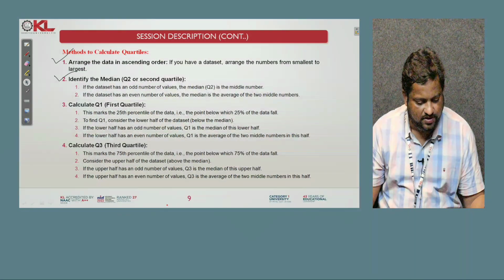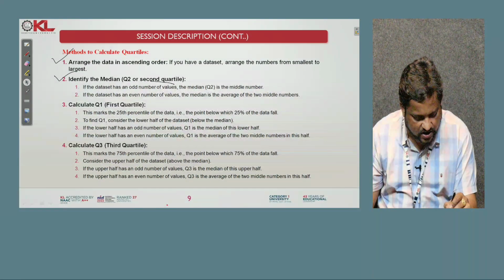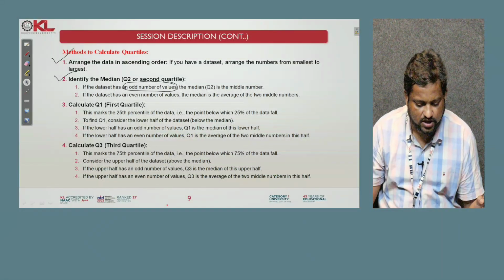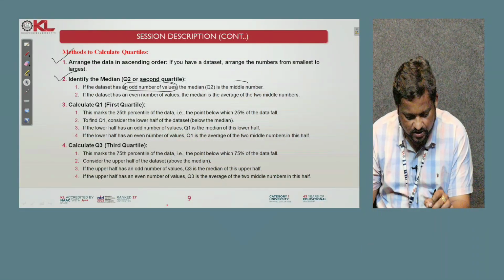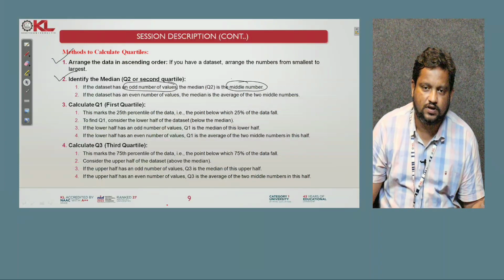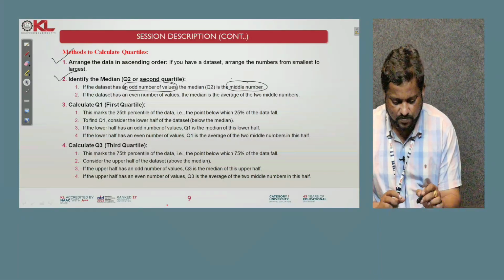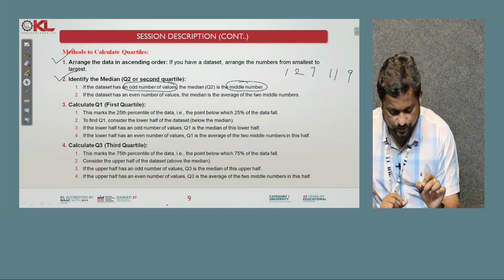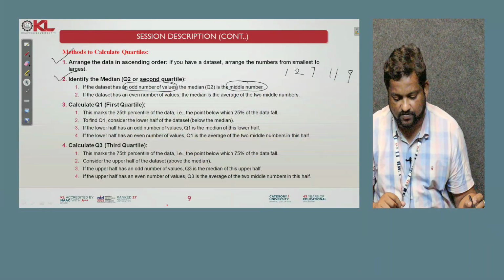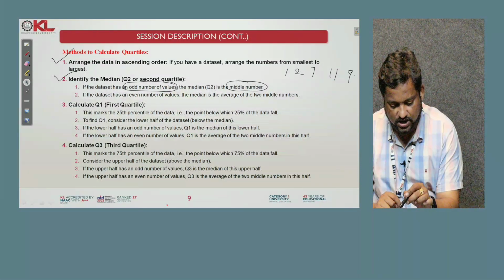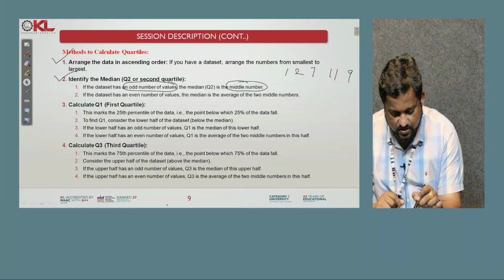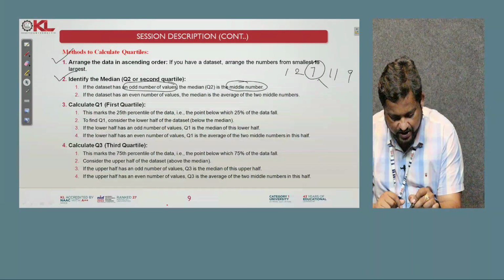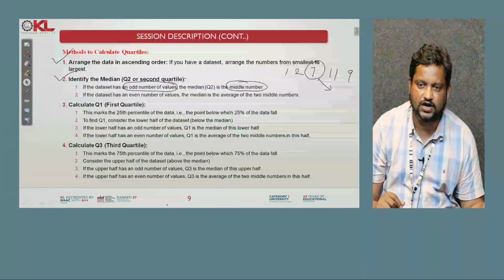If the data set has an odd number of values, then the median is the middle number. Suppose for example 1, 2, 7, 11, 9; these are odd in count, the total count is 5. So what is the median? The middle number directly becomes the median.